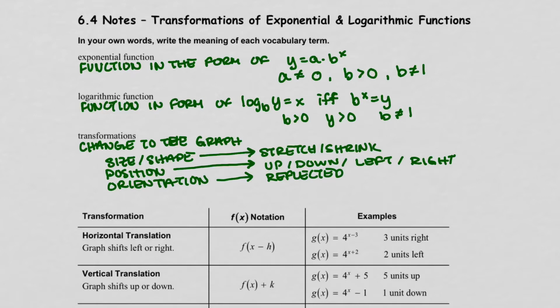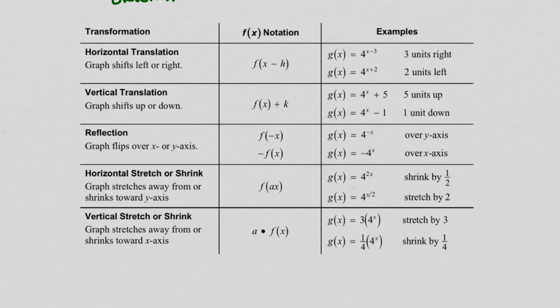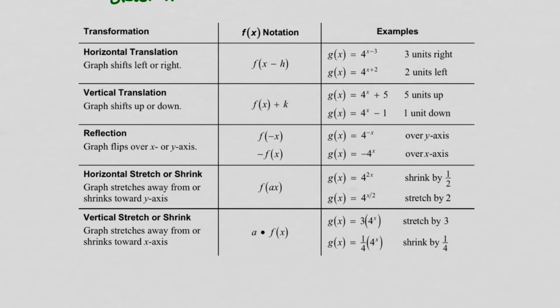So if we look at this next little chart, this is great to help us remember all the different ways. And you'll notice that these are for exponentials, but they're very similar to what we've done with any other type of graph. So horizontal translation, you're going to have grouped with the x some kind of change, whether it's minus or plus.